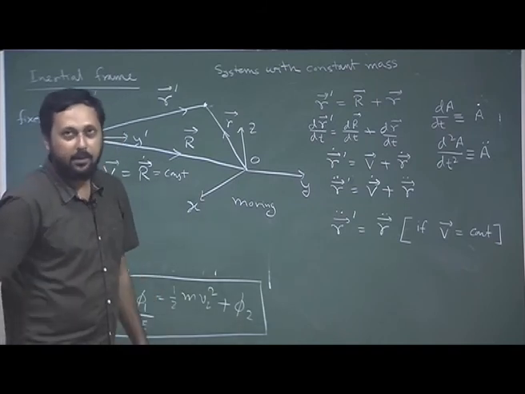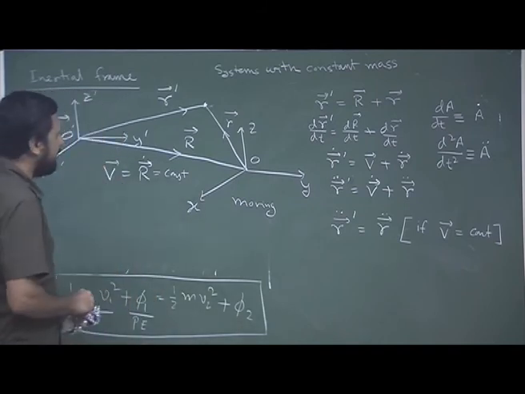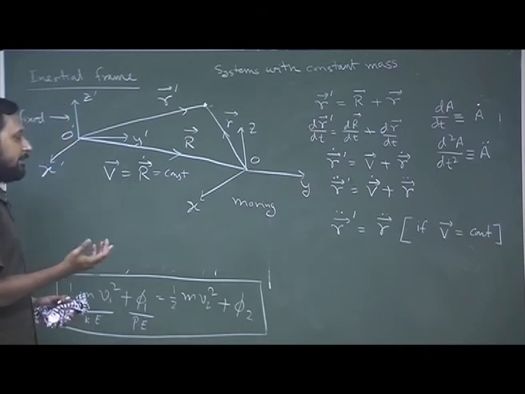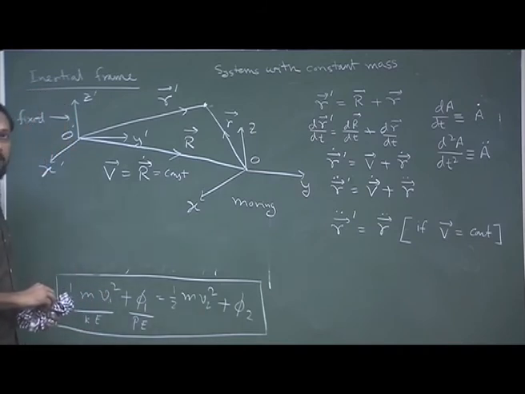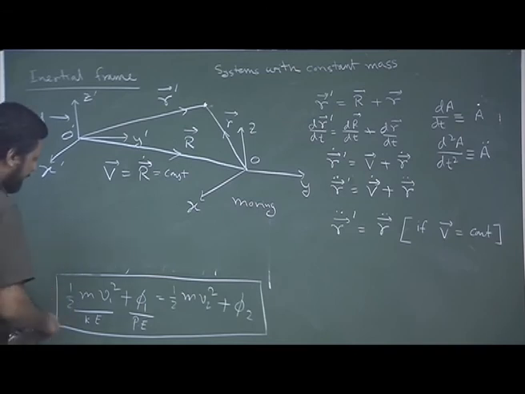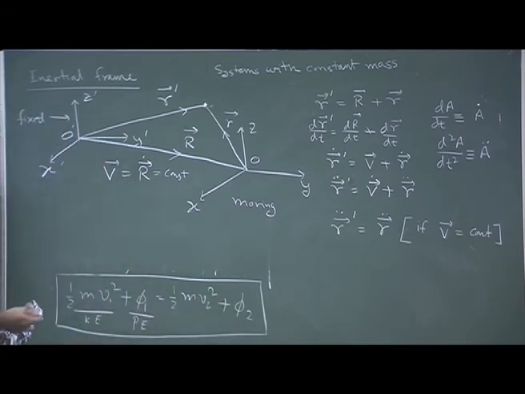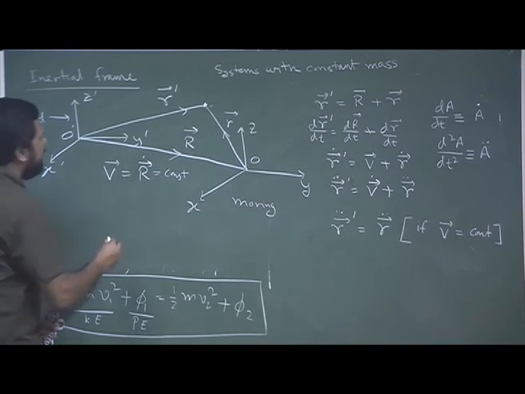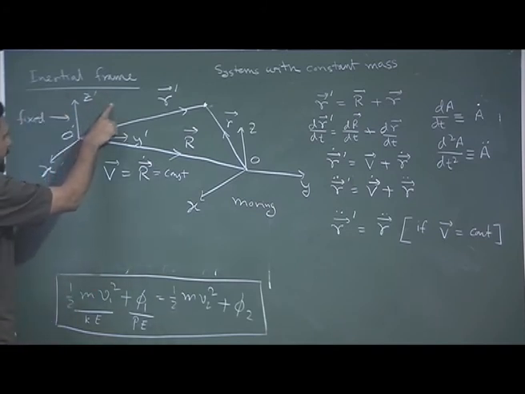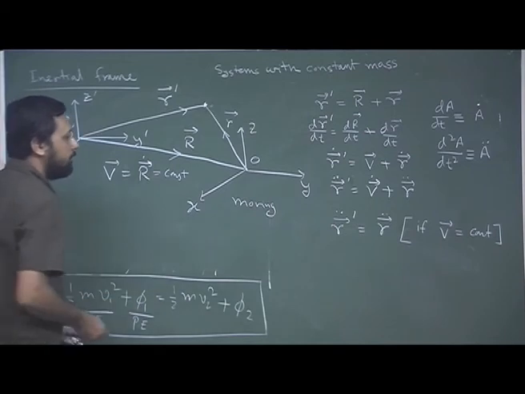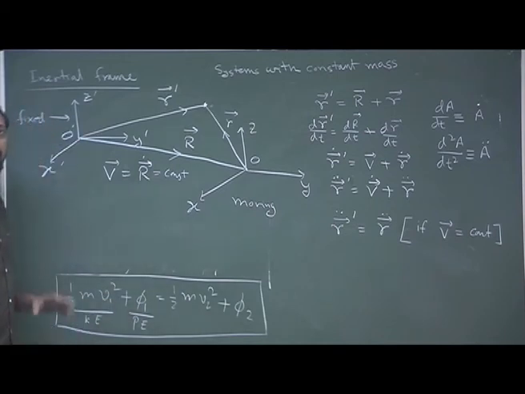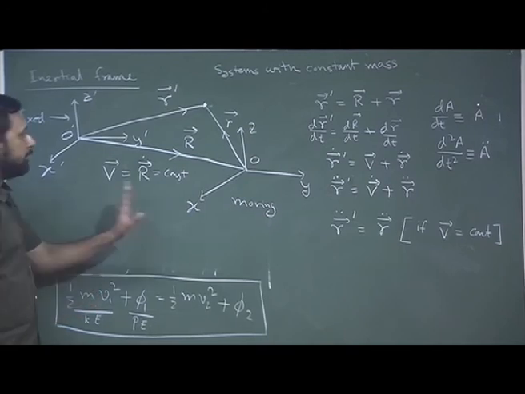So far we have learned two things. One is a slightly different form of the Newtonian equation, and from there we derived the fundamental principle of conservation of total mechanical energy. And secondly, we have learned what an inertial frame is, and we have seen that the equation of motion of a particle remains invariant in an inertial frame irrespective of the velocity of the frame.